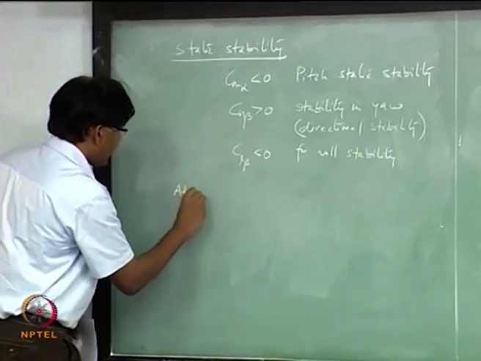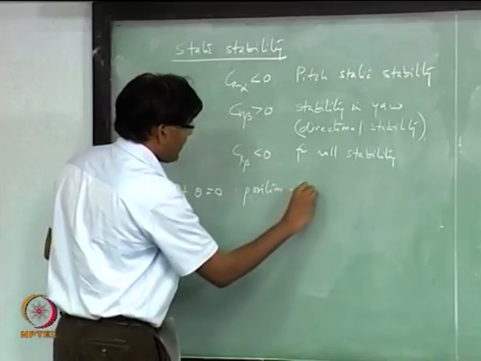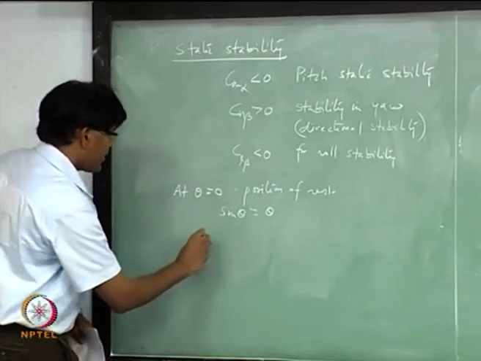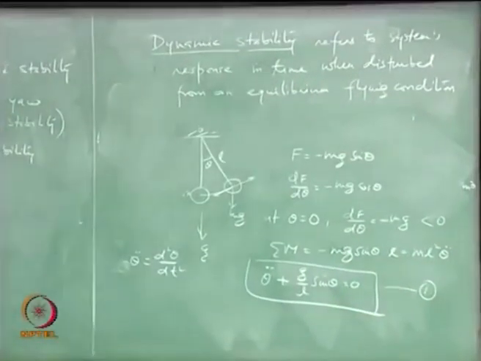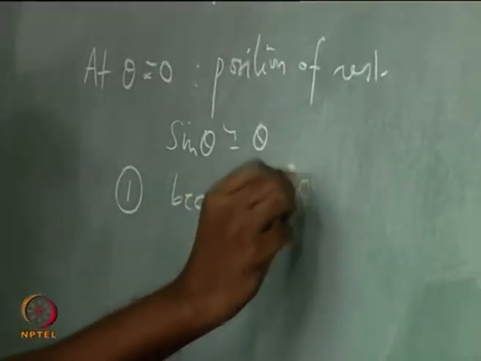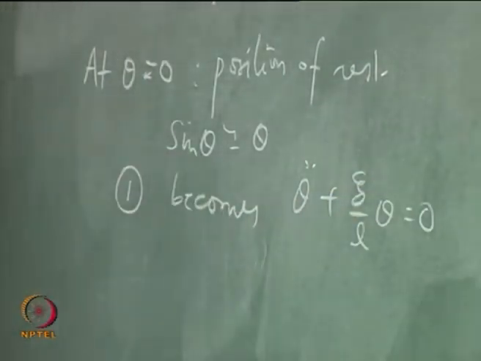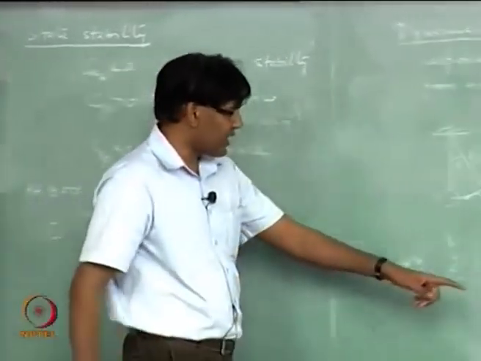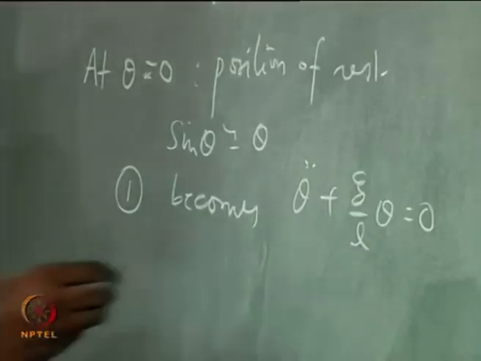So, we can think about a linear model, right, where I can approximate this sin theta as theta. So, what is the solution for this? This was slightly difficult, right, but this solution of this, what is the solution?